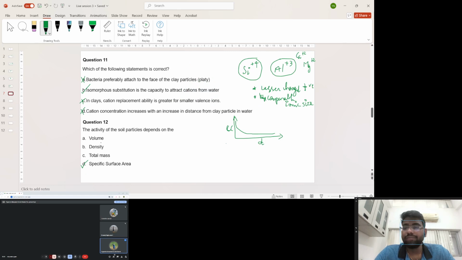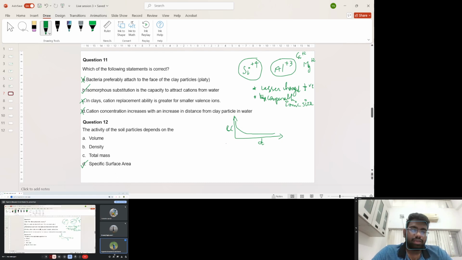Even though here you have total mass, density, and volume, the single parameter which engulfs all the other parameters, the quantifying parameter, is specific surface area. That is why the answer is directly specific surface area and not the other three. So you can directly relate it. That is why the answer is option D. Clear? Can we move to the next question?